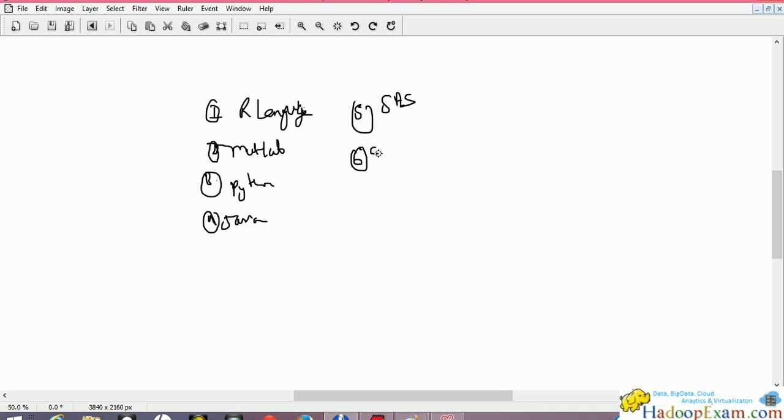Then EMC has their own machine learning library. Then Spark is coming up right now, which is a very popular framework from the Apache side. So these are all the frameworks and languages which you would be learning for data science.